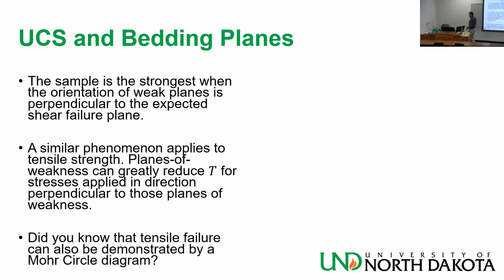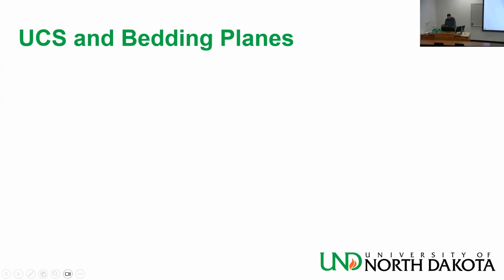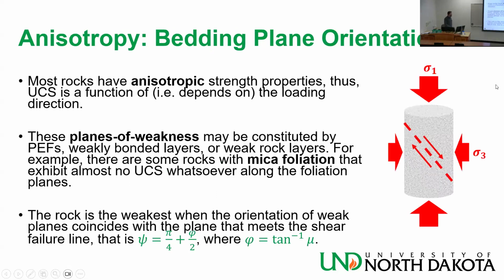So in this case, let me go back a couple of slides. Okay, I'm loading the core with sigma 1, and I have a confinement with sigma 3, okay? If I have shear failure because of sigma 1 and sigma 3, it will be in that direction, at 60 degrees, that we mentioned earlier, okay? So if I want to help it fail in this way, it is by having layers in that direction.